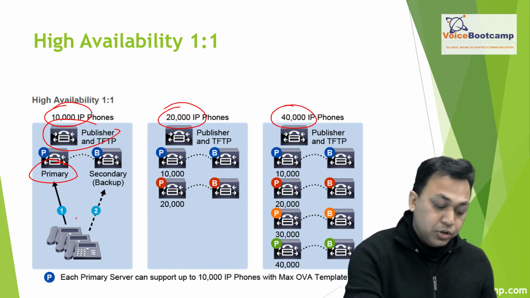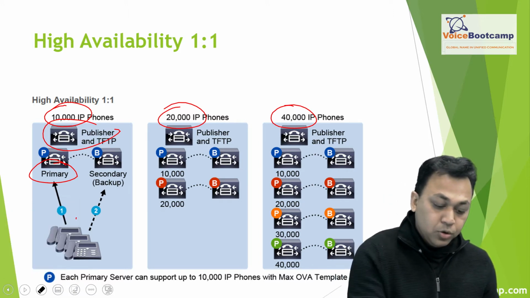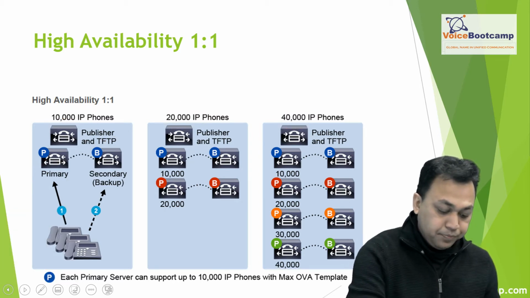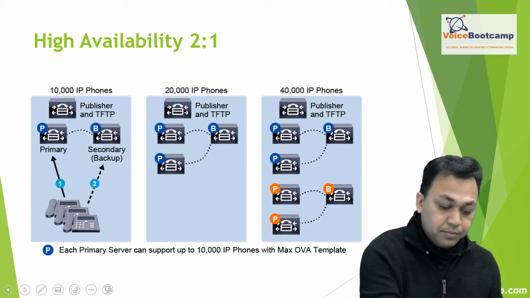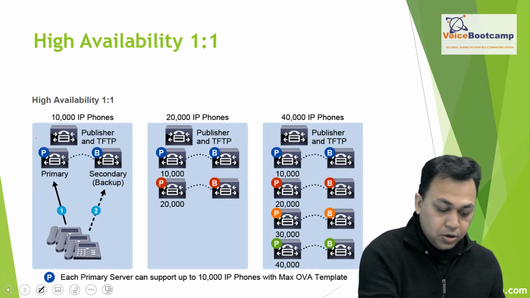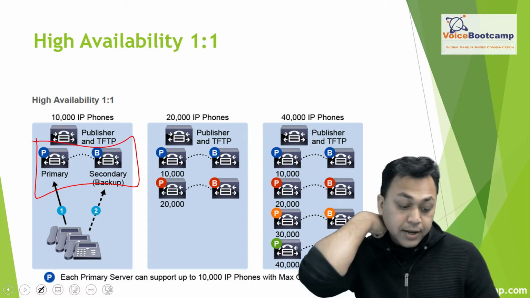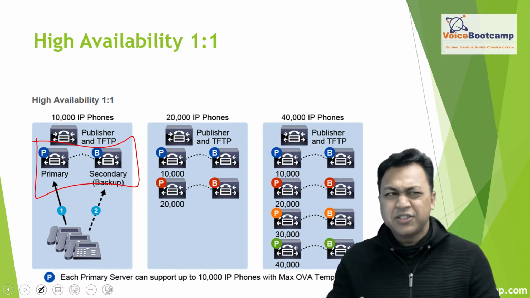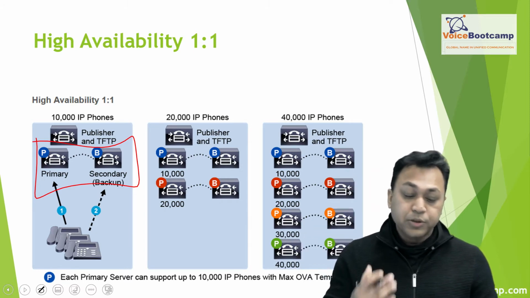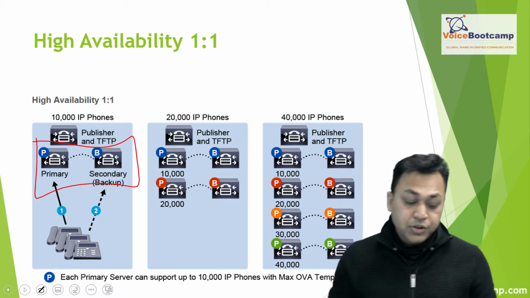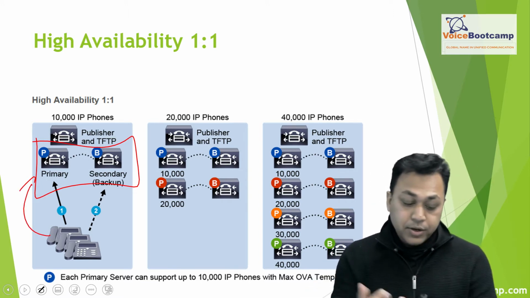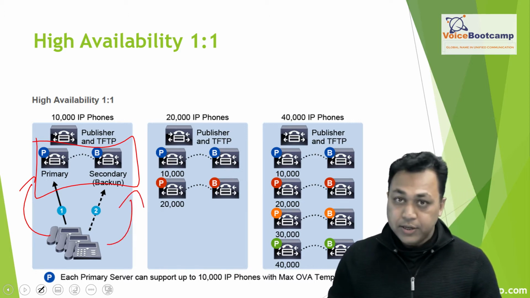In this case, you're going to create one group with a subscriber being at the top of the group. The second server in that group is going to be the secondary. So at this moment, what's going to happen is the phone will contact the primary server as a primary, while the secondary server as a secondary in the list.